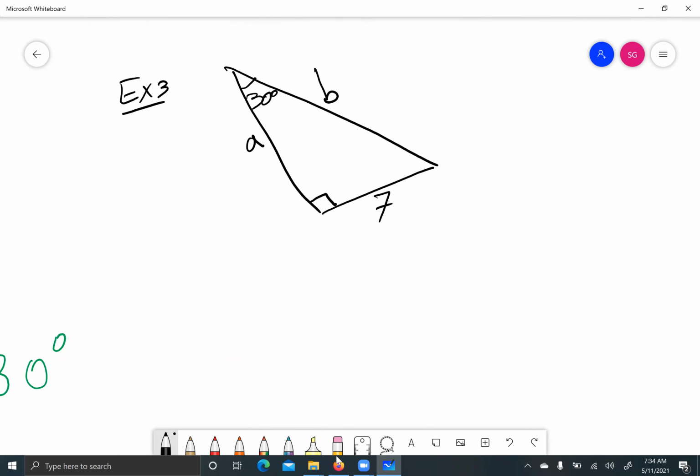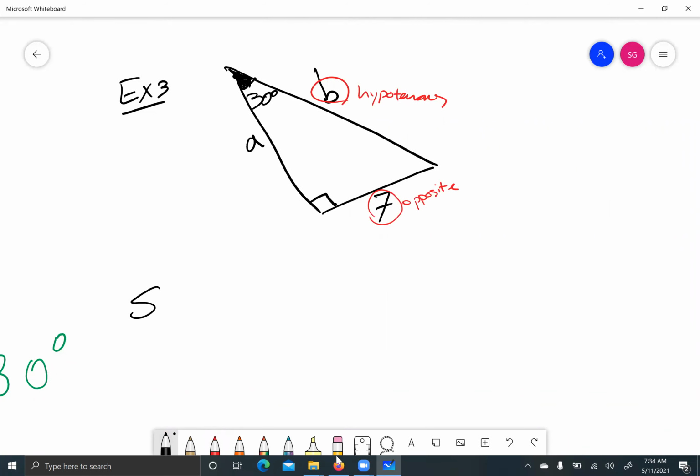So first of all, because the angle that is given is this one, this is going to be the opposite side, and this is going to be the hypotenuse.